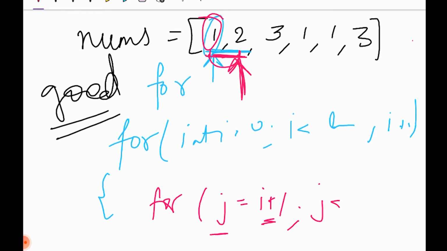j will be less than length and j plus plus. And here one point I missed, that i will be less than length minus 1. See, I have not memorized these questions.